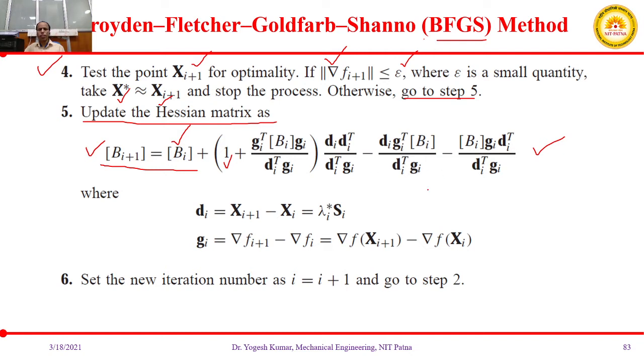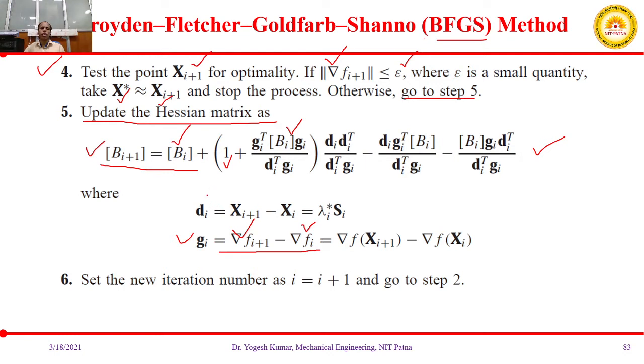What are these terms? Bi we have already calculated. How do we calculate gi? It is written here that gi is the difference between the gradient at the current point and the gradient at the previous point, so gi is gradient of Fi plus 1 minus gradient of Fi.